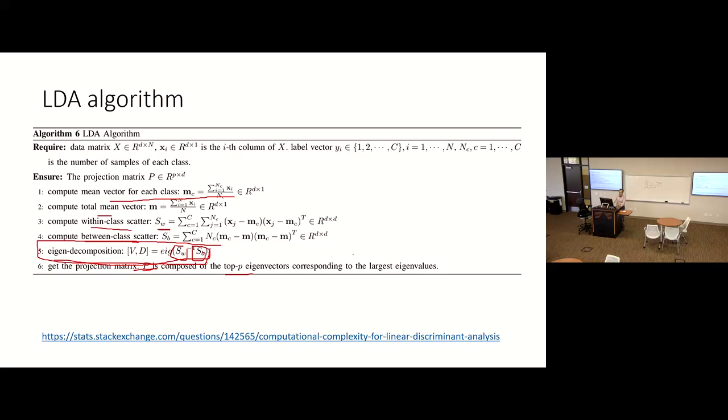This is the covariance within the group, and that's between groups. So you compute the variation of data inside the group and also across groups before you do this decomposition. Then you get the eigenvector corresponding to the largest eigenvalue. Okay.